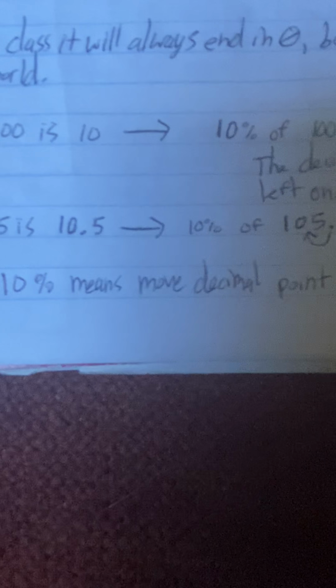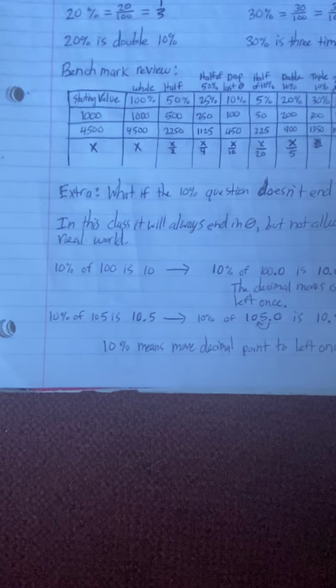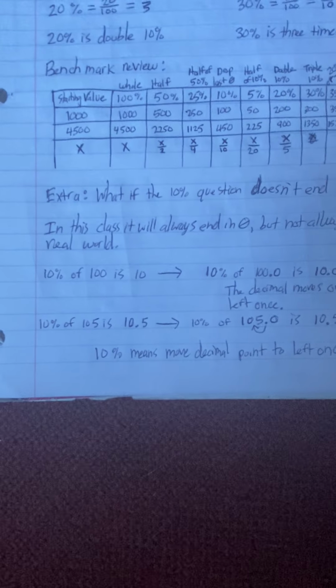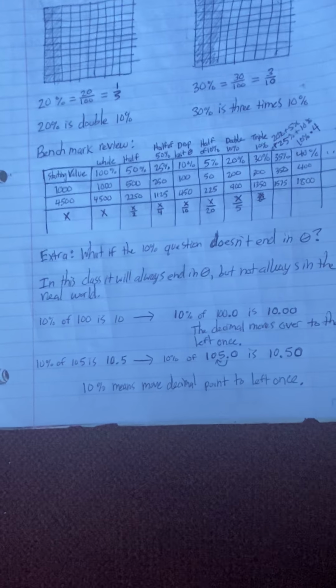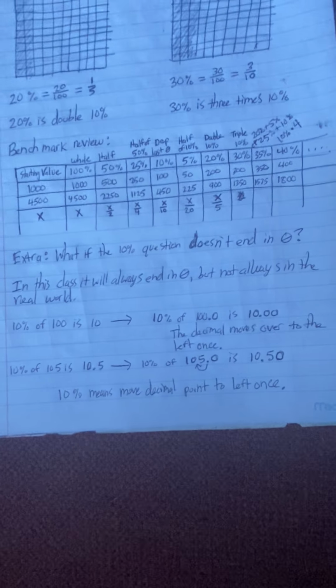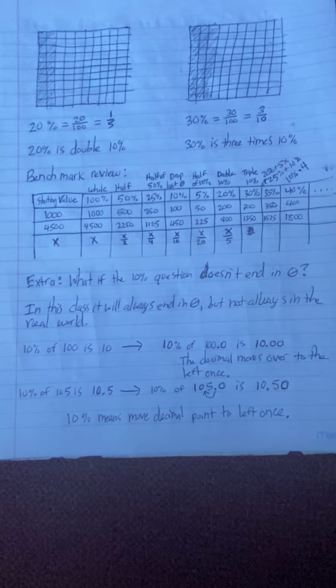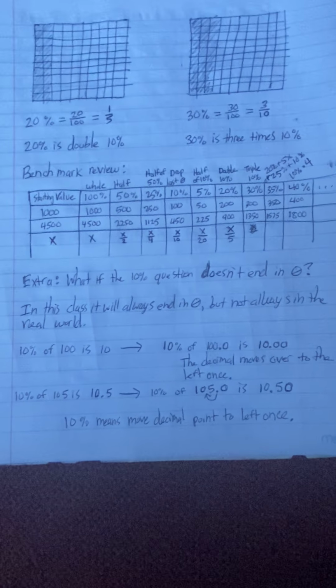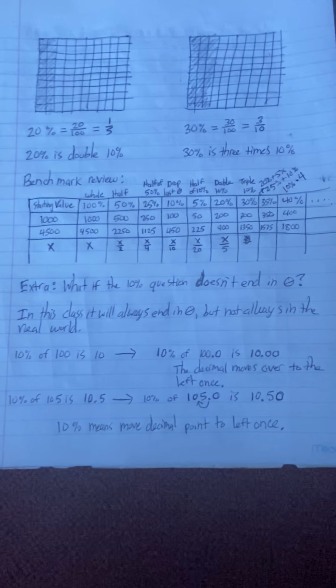So 10% means move the decimal point to the left once, just once, okay? So for example, 10% of 107 is 10.7. 10% of 222 is 22.2. You won't see any questions like this on tests or in your handouts or your homework, because the benchmark we taught you is to drop the last 0.